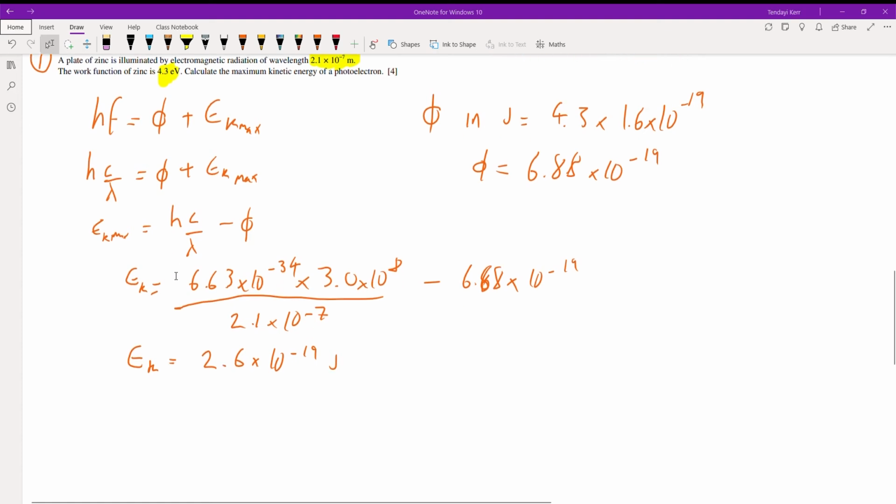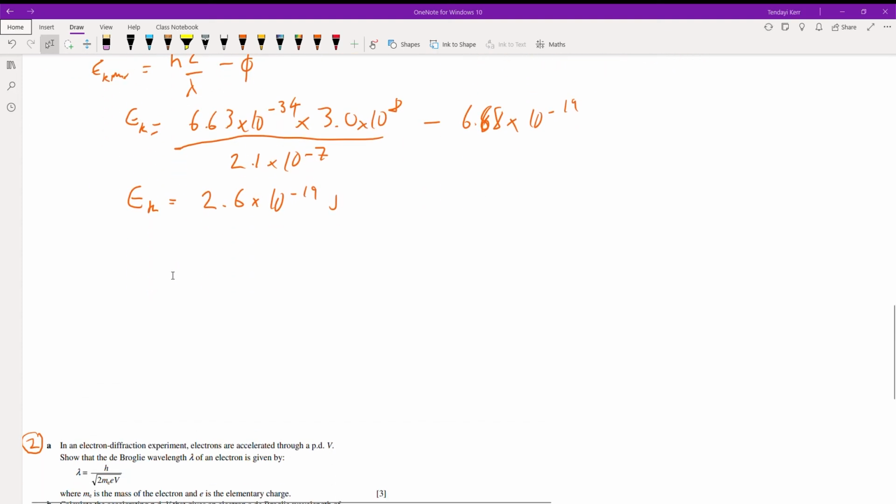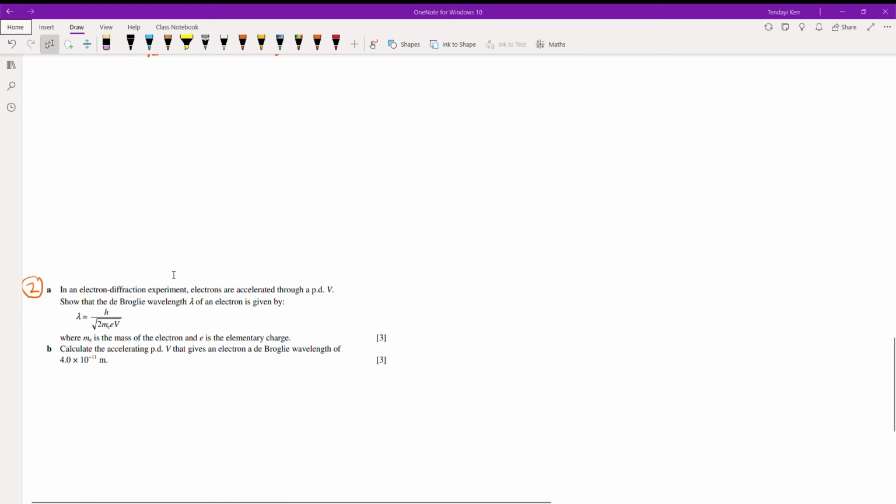Okay, the next question then deals with diffraction. So diffraction and the de Broglie hypothesis. So the matter wave equation, that is lambda is equal to h over momentum. So matter has an associated matter wave, and we can observe these effects with electrons.